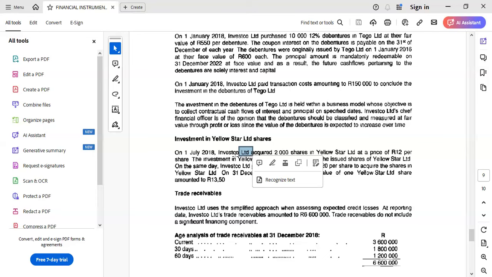Right. So here, first of all, on 1 July 2018, we record the purchase.